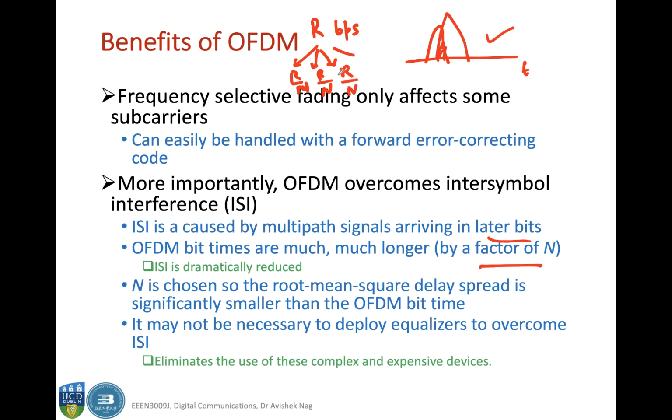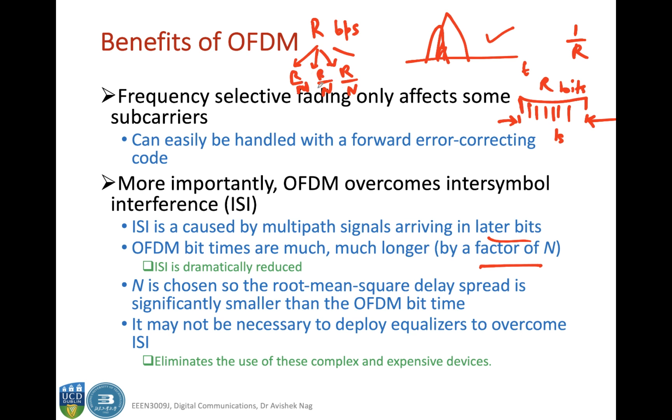Let's imagine that this is my 1 second time interval, and you have r bits here. Each of these r bits has a time duration of 1 over r, because in 1 second you have r bits, so each of these has 1 over r.